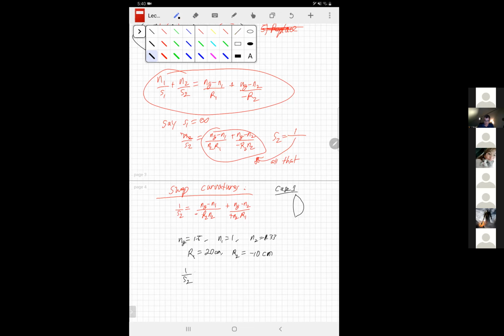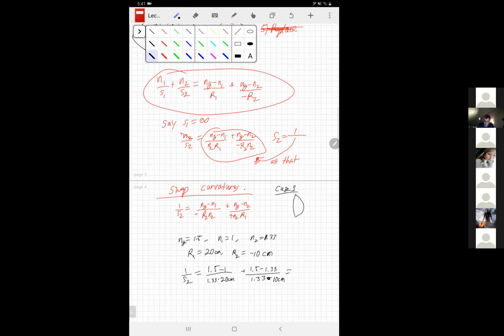So 1 over S2 is 1.5 minus 1 over 1.33 times whatever R1 was, 20 centimeters. Oops, 1.33 times, well, let's see, there's a minus sign, times 10 centimeters.